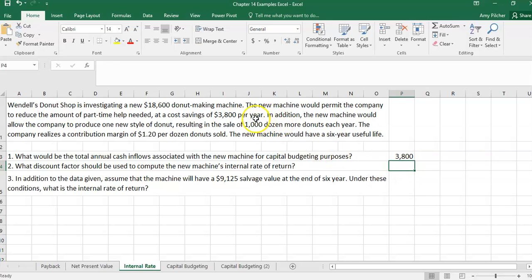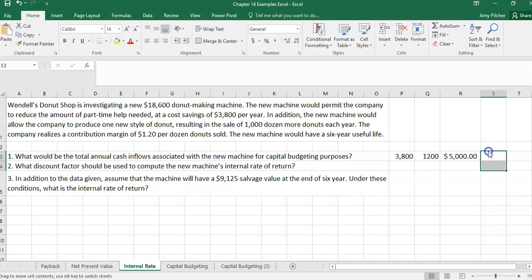We also have that we're going to sell 1,000 dozen more donuts, and that the contribution margin per dozen is $1.20. So we also have the additional sales, 1,000 times $1.20. So the cash flows from this project, we add those two together, are $5,000 a year for 6 years.